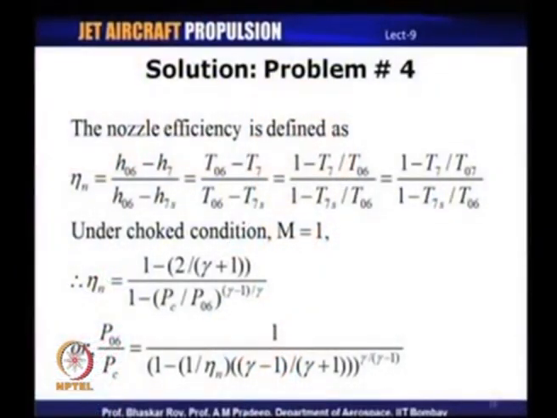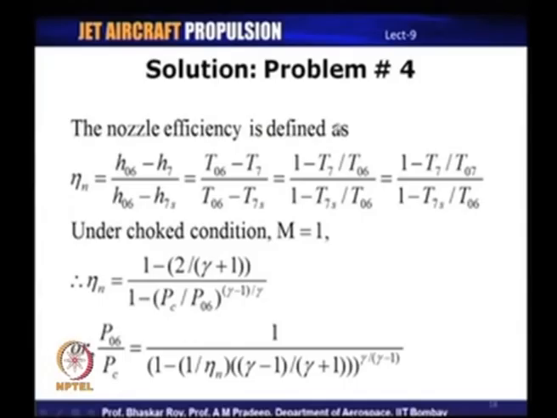We have defined efficiency of a nozzle as: efficiency of a nozzle is equal to H06, which is the nozzle entry stagnation enthalpy, minus H7, which is nozzle exit static enthalpy, divided by H06 minus H7s, where H7s is the static enthalpy for an isentropic process.